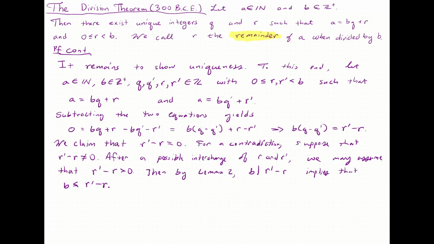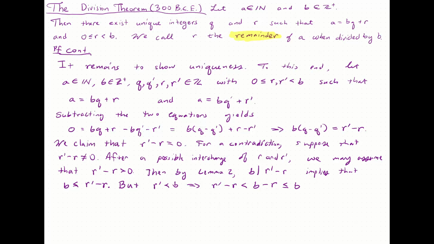But now let us return to our assumption on r prime. So we have r prime is less than b. So here we're using our assumption. And so if we go ahead and subtract r from r prime, we have that this is going to be strictly less than b minus r. And now b minus r is going to be less than or equal to b, since r is going to be between 0 and b.